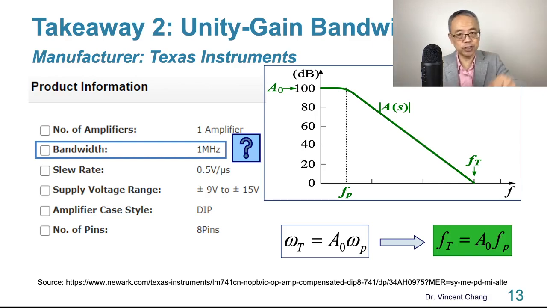And this lecture is about large signal bandwidth. So don't get confused. I know where the trap is, where you get confused. So I especially want to highlight at the end: don't get confused between the small signal bandwidth and the large signal bandwidth. This is something I want you to take in.